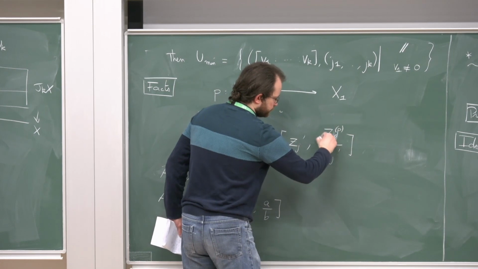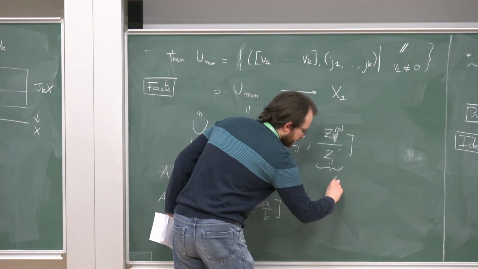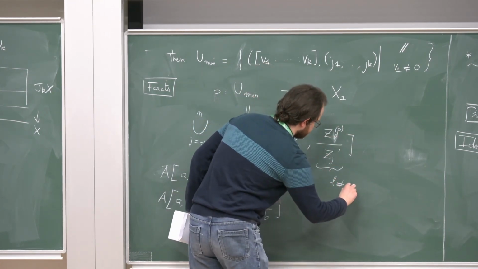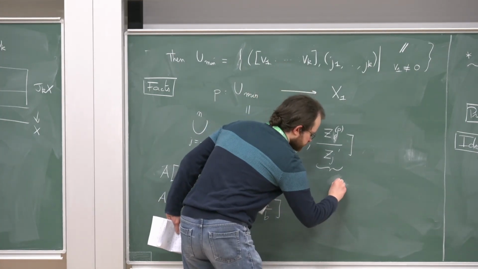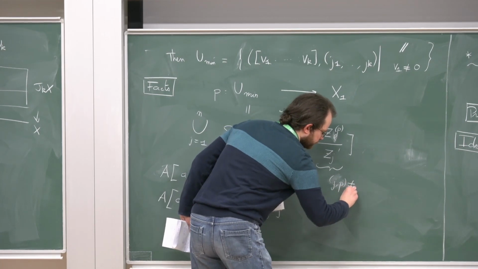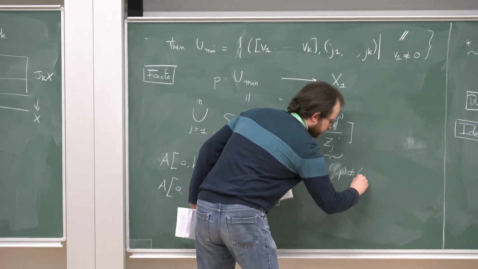Here, you take all of these for l. Sorry, here there is no restriction, but lp is different from j.